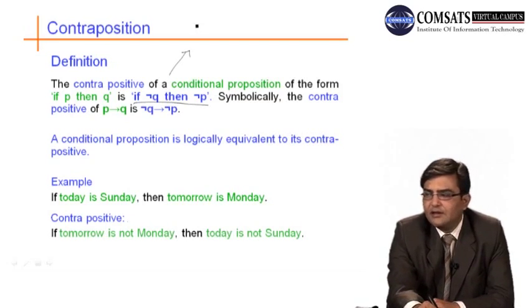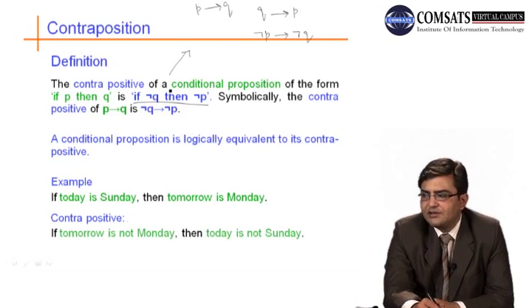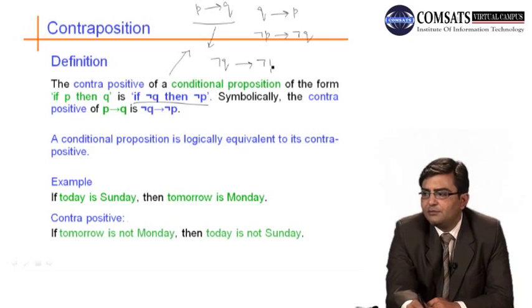Please note that in converse, if we have P implies Q, the converse is Q implies P, and the inverse is not P implies not Q. Here the contraposition of a conditional statement P implies Q is written as not Q implies not P. So this is different from the inverse.